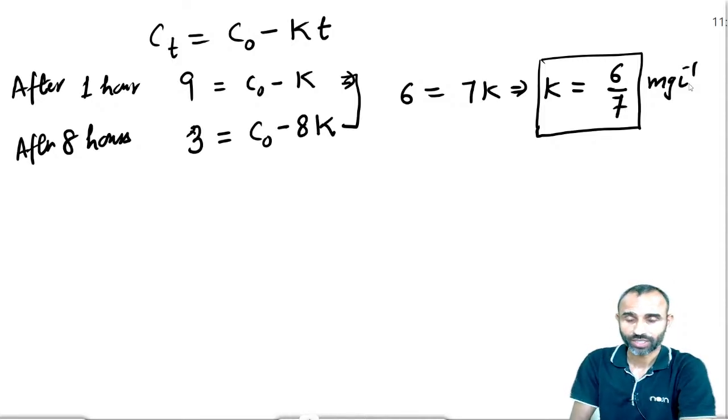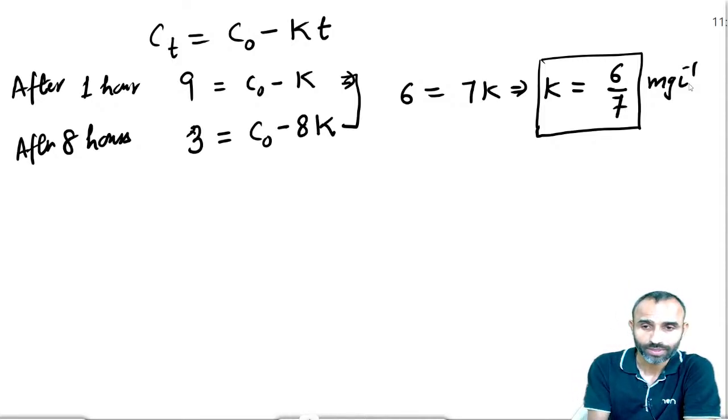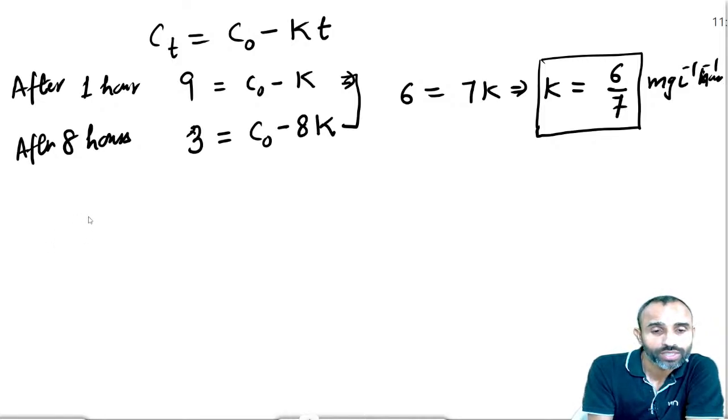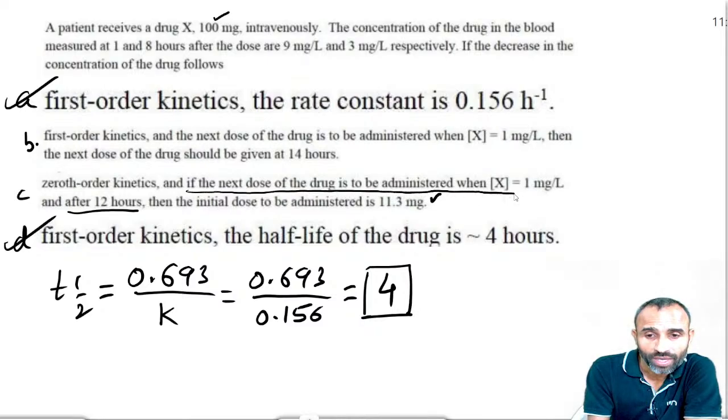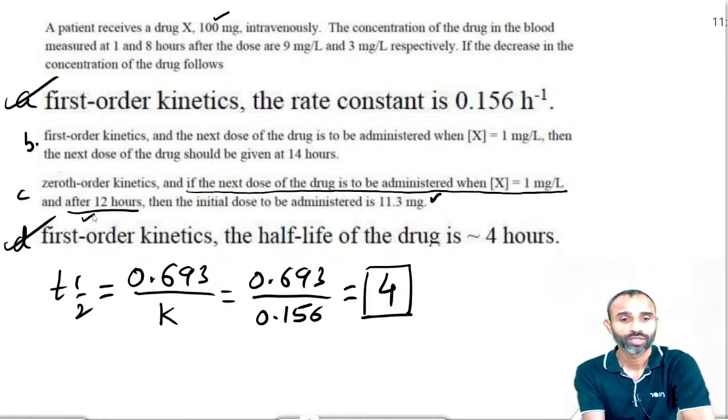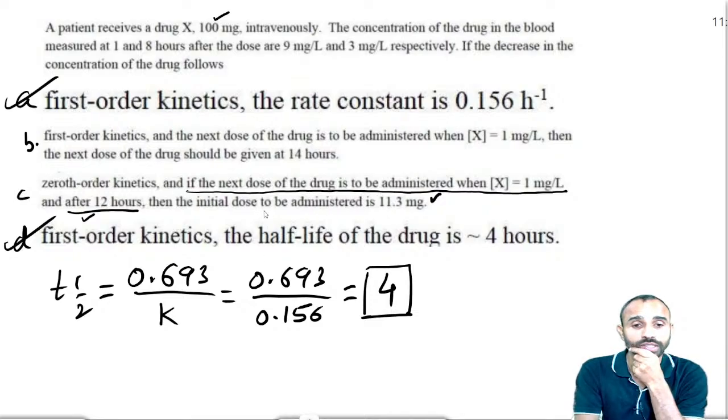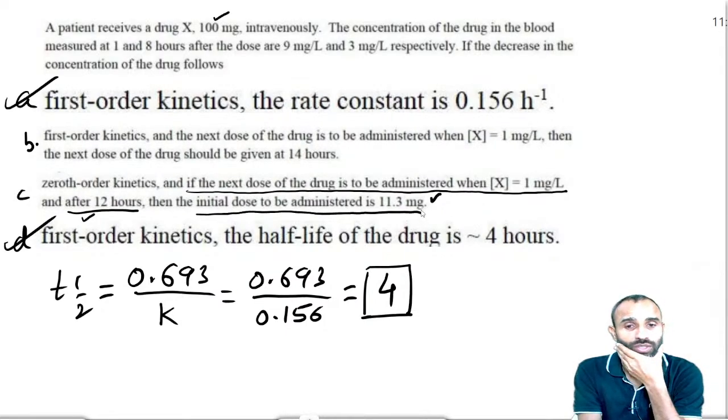Next step is the next dose. If the next dose of the drug is administered when X is 1 milligram per liter, it should be after 12 hours. The initial dose we administered is 11.3 milligram.